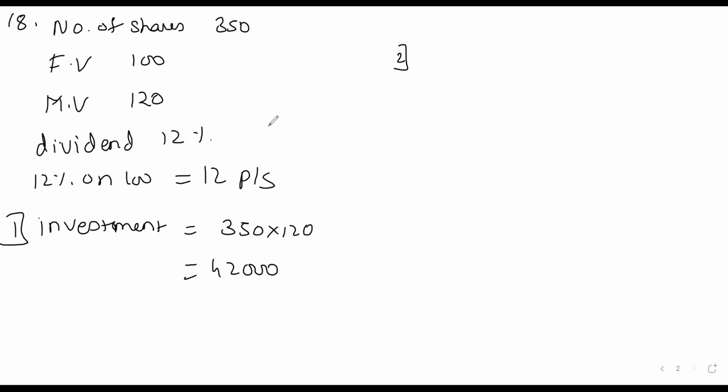The second sum is annual income from shares. So income is 12 rupees per share into 350 shares. So annual income is 12 into 350. How much will the annual income be? 350 into 12, 4,200.